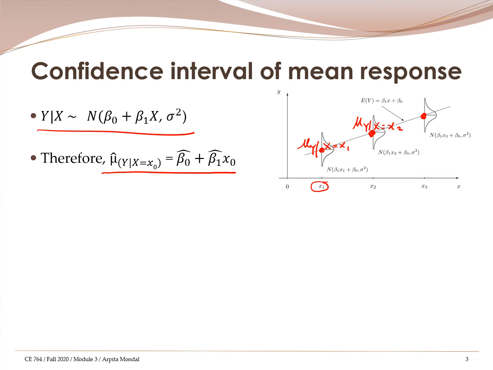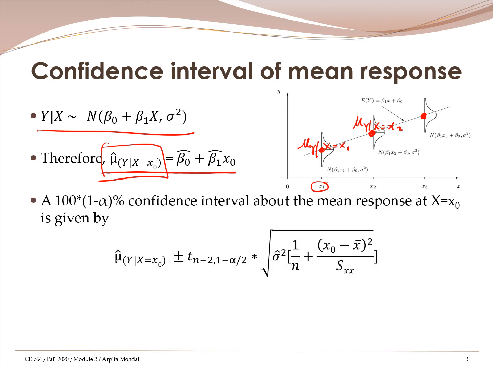We can get a 100 times 1 minus alpha percent confidence interval around this mean response mu hat, and that would be given by, again using the same generic expression, estimate plus minus critical value times the standard error of the estimate. So this is basically the standard error of mu hat y given x equal to x naught.